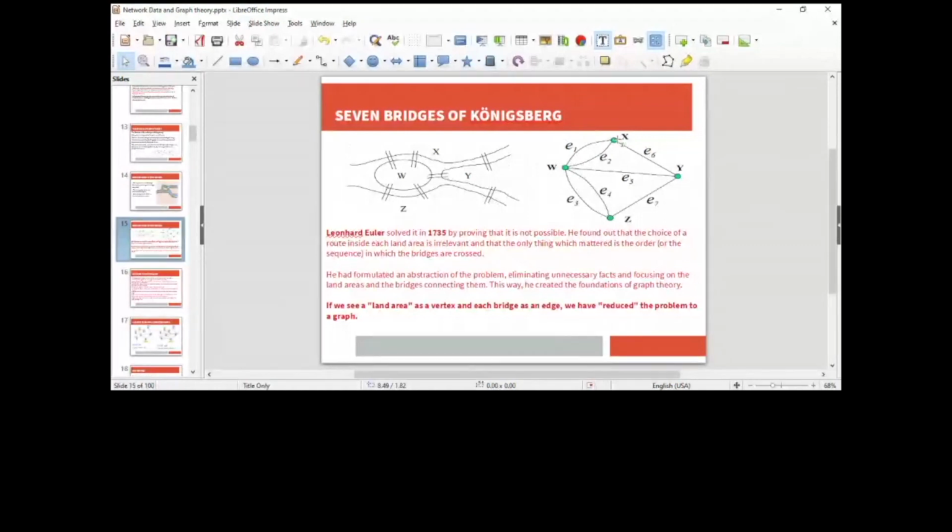Oh, sorry, no. So it went 1, then 2, then 3, then 4, then 5, then 6. Okay, yes, so we had to repeat a bridge more than once for him to do the 7th.